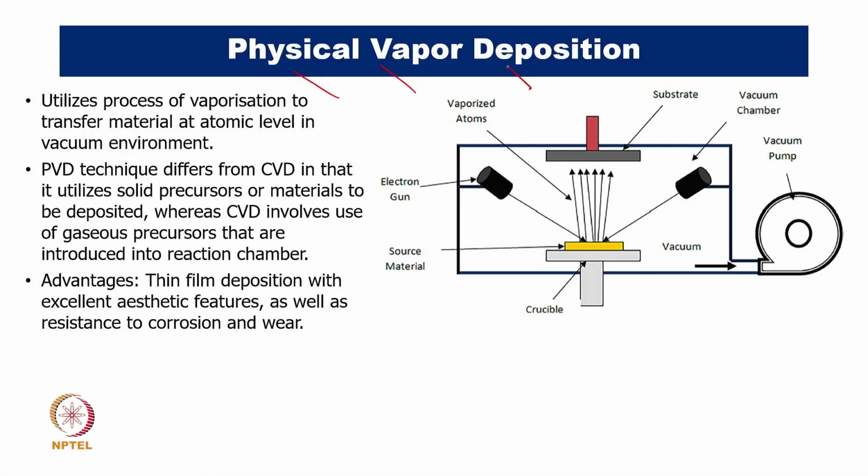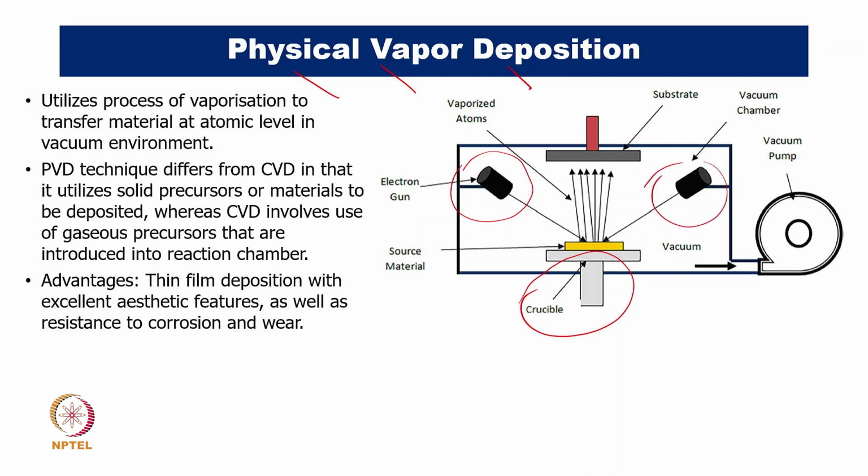Physical vapor deposition technique has been used extensively. Earlier we were using only the crucible to heat the material, the same restriction as in CVD. However, to give much higher temperature, we can also use electron guns.